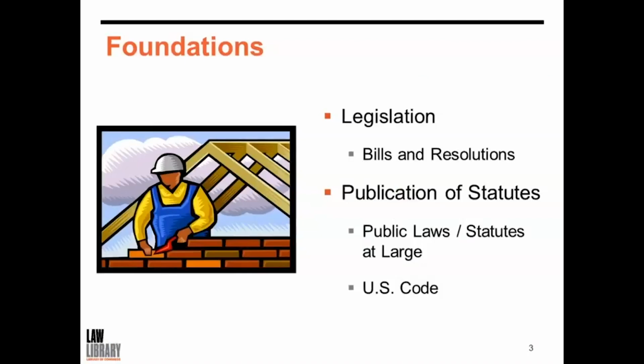Statutes are published in 2 different print publications. The U.S. Code, United States Code, which is probably what we're all the most familiar with, and something called the U.S. Statutes at Large. And we're going to discuss these different phases of a statute during class. Understanding where they're published helps you understand where to look for them and why when you're doing this type of research.